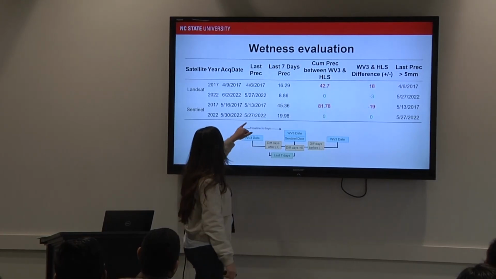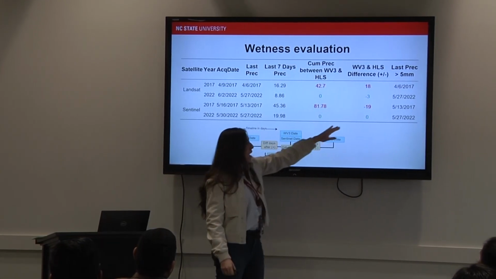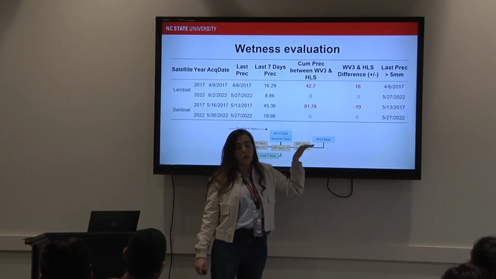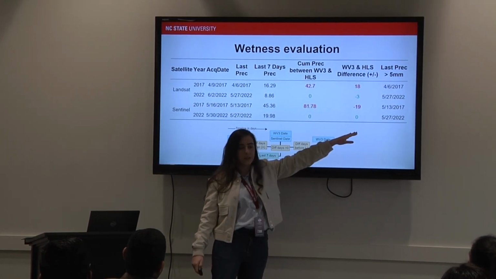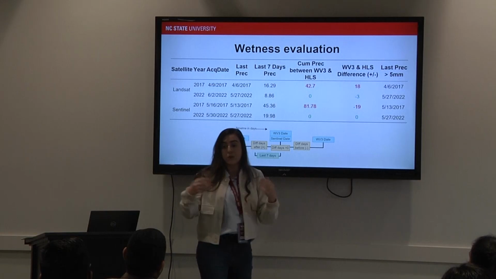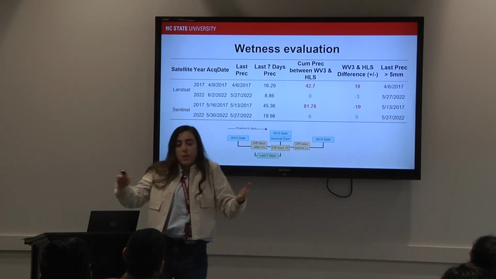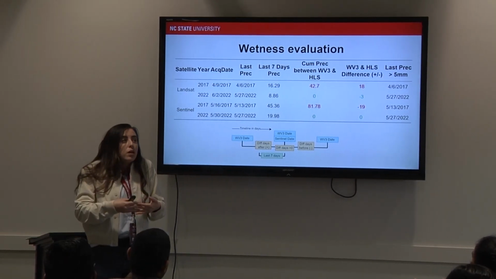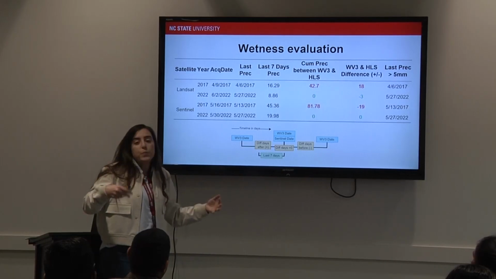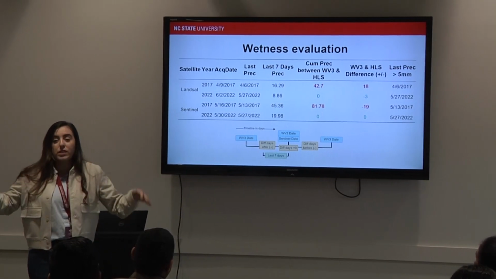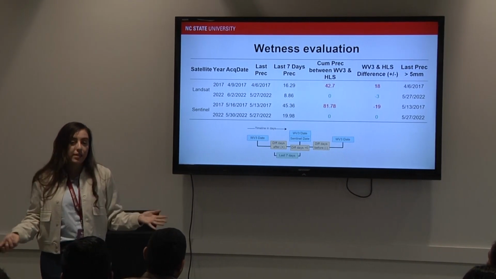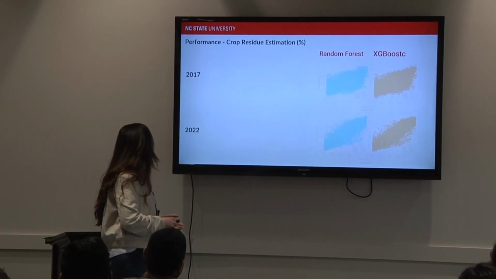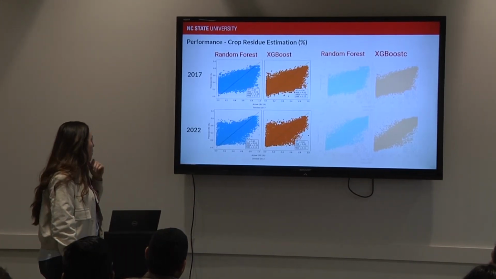And in 2022, I have no difference in days and no difference in cumulative precipitation. So the wetness in the image is the same, and there is no farm procedure that was done in those lands, so there are no landscape changes. This is the result for random forest in 2017.